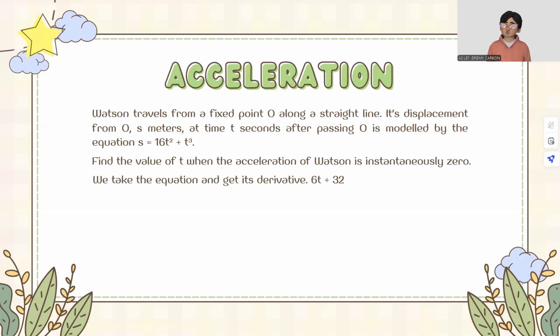What we're going to do now is instead of substituting t, we're going to substitute a, which will give us 0 is equal to 6t plus 32, which would then simply allow us to isolate t and find its value there. And we end up with a value of negative 16 over 3.